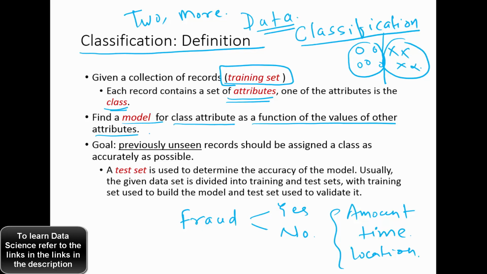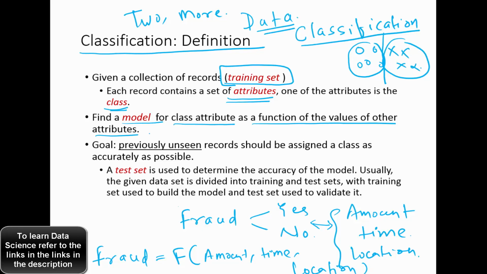So given this fraud data, we need to find a function that relates both the things. Okay, so we should be able to write a function like this: fraud yes or no is a function of amount of transaction, time, or the timestamp when the transaction happened, and from where it happened, location.